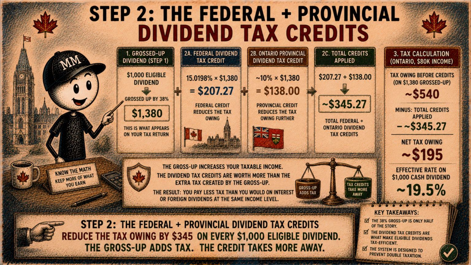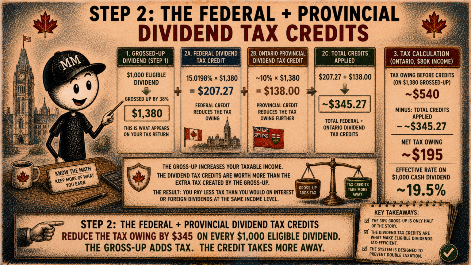The net effect: at $80,000 Ontario income, the marginal rate on ordinary income is approximately 39.16%. Tax on $1,380 grossed-up dividend at 39.16%, approximately $540.